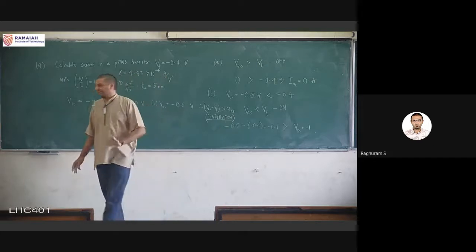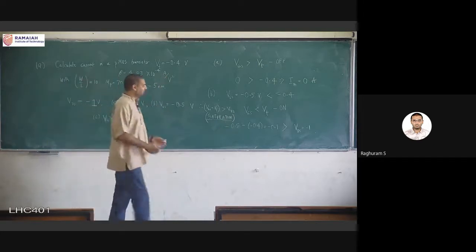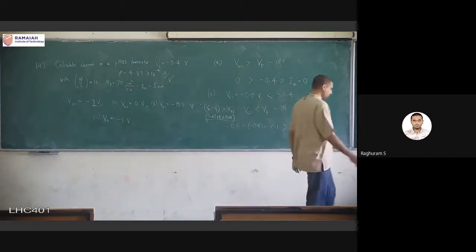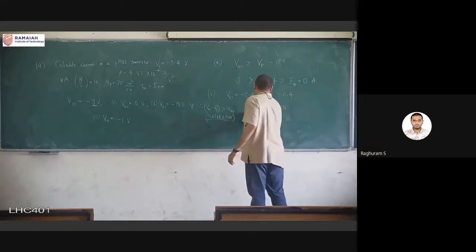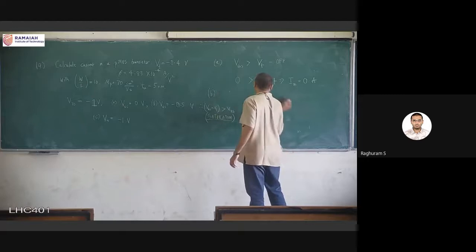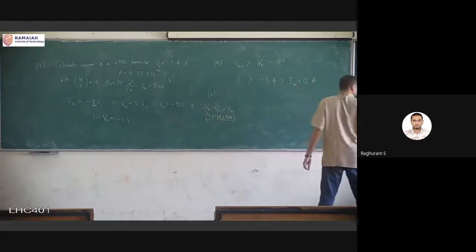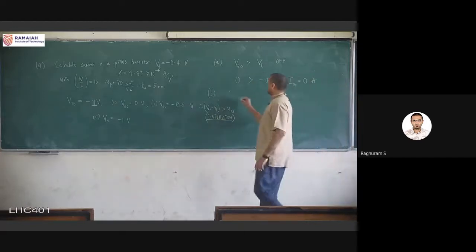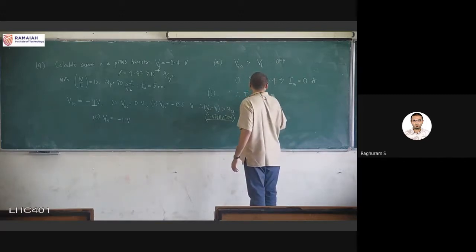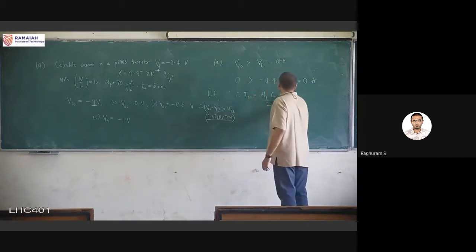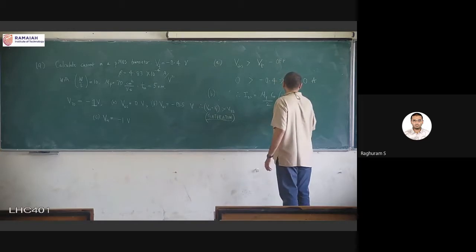Now finally I can calculate the actual current. So then I can remove all this. Therefore, IDS equal to mu P C ox by 2 into W by L into VGS minus VT the whole square.